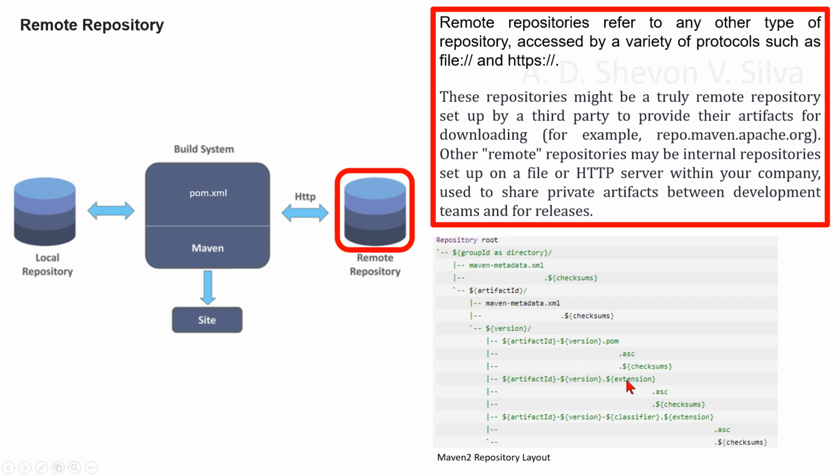Extension is the file extension, for example zip or tar.gz. Classifier is the artifact classifier when available, and checksums is a list of checksums algorithm, MD5 and SHA-1 by default.